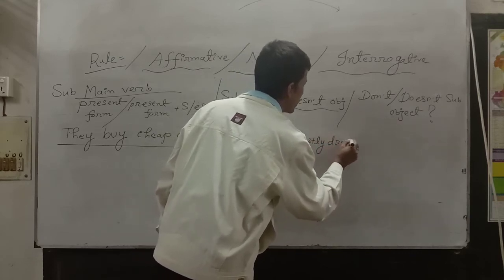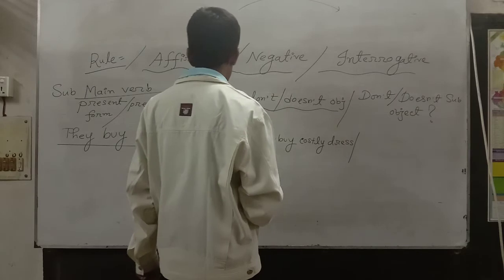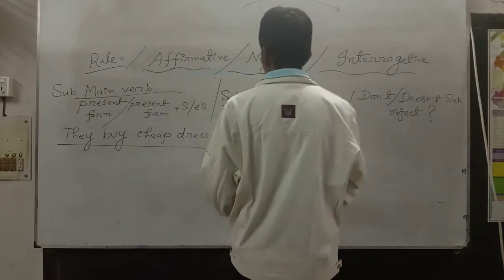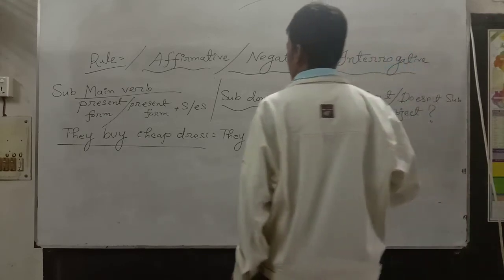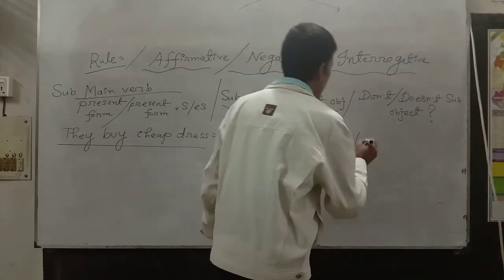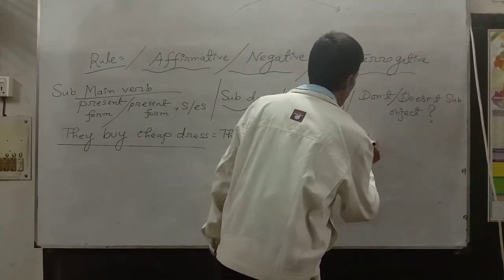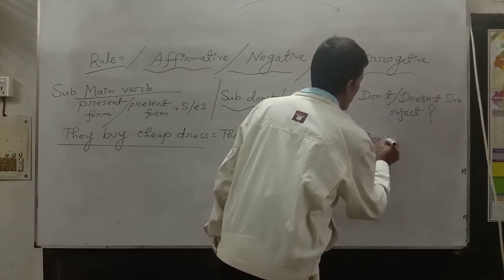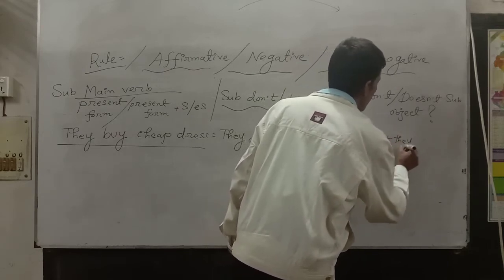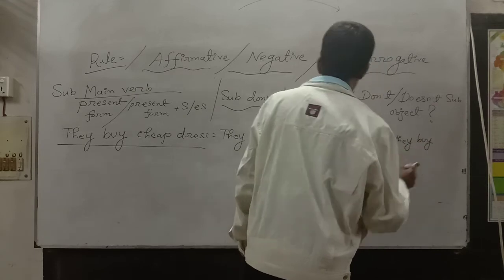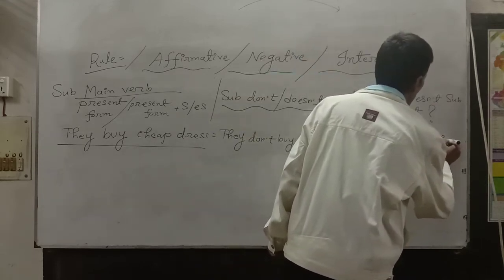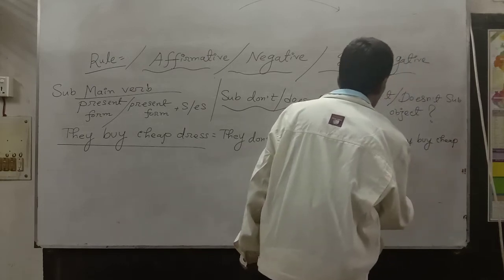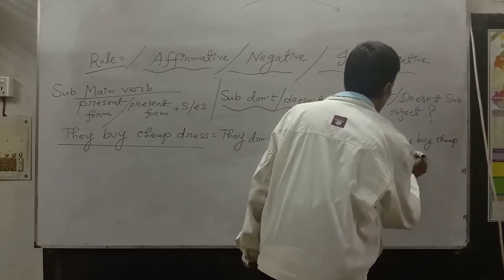In the third part, interrogative sentence, you will have to write: Don't they buy cheap dress?